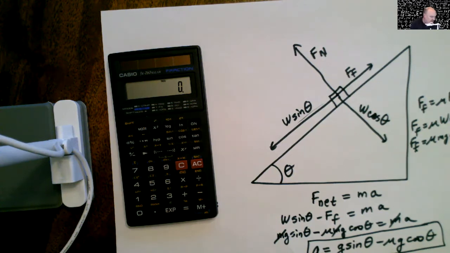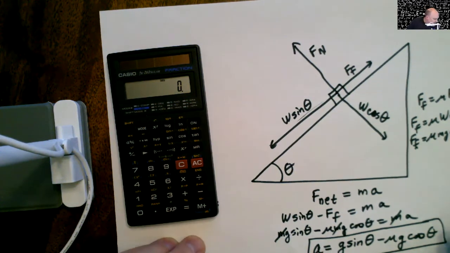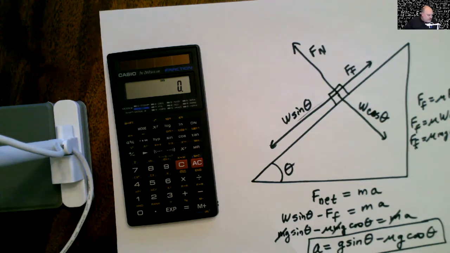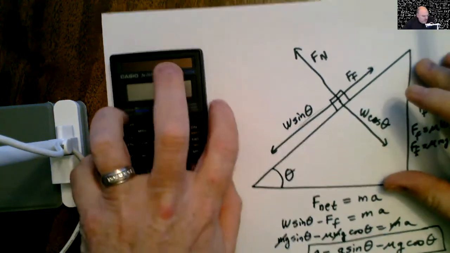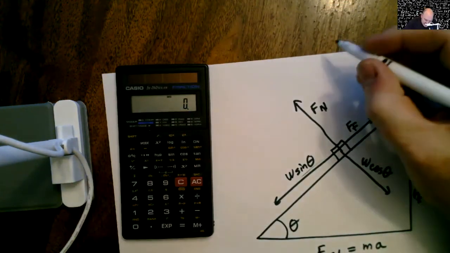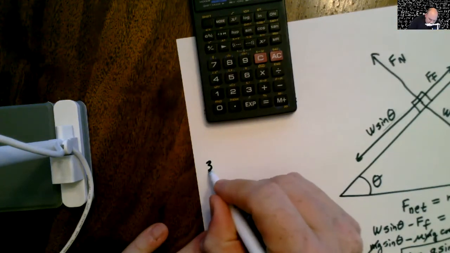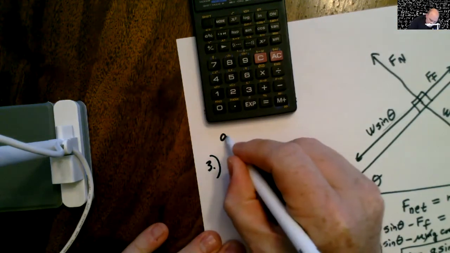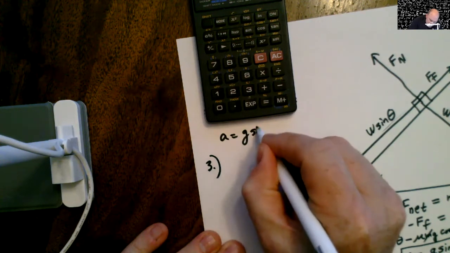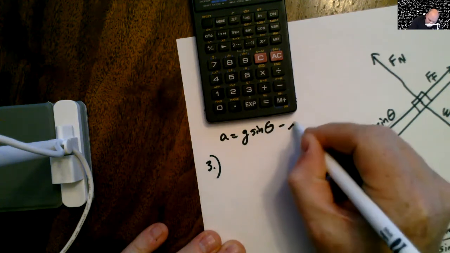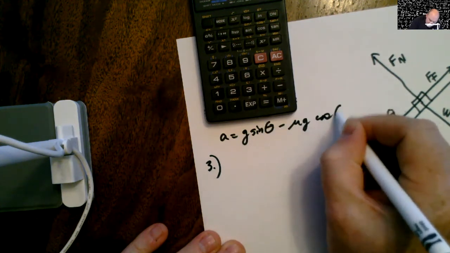We're going to try to calculate that out as well. Okay, and then question 3 says, what is the acceleration rate down a 30-degree ramp with a mu of 0.310? So that's number 3. We can solve that over here. So our equation is a equals g sine theta minus mu g cosine theta.